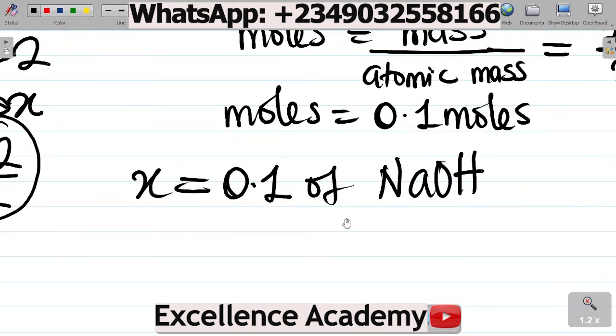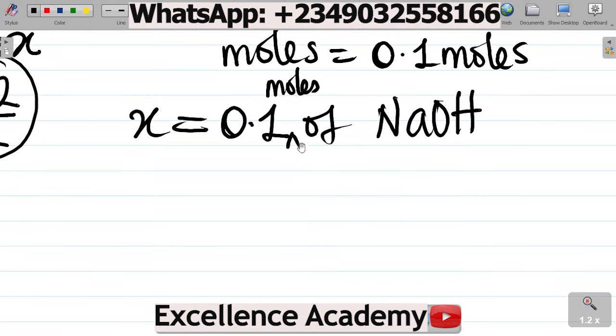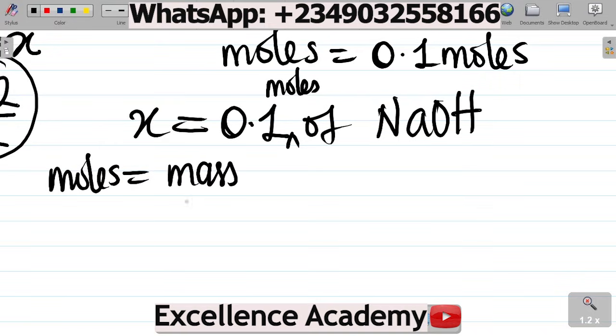In the question, we're not asked to find the number of moles of sodium hydroxide. We're asked to find the mass of sodium hydroxide. And we know that the number of moles is equal to mass all over molar mass, since this is a compound, it will now have molar mass, no longer atomic mass.